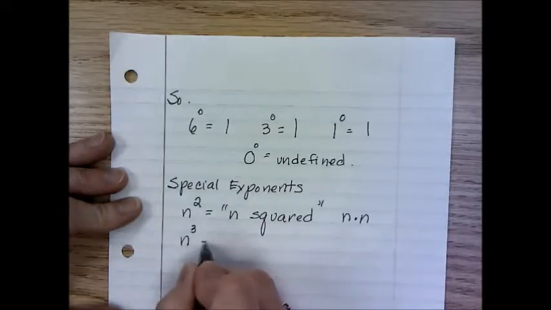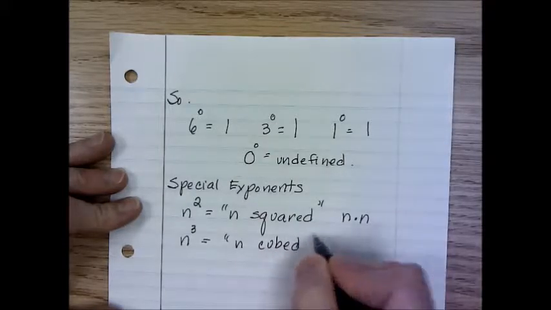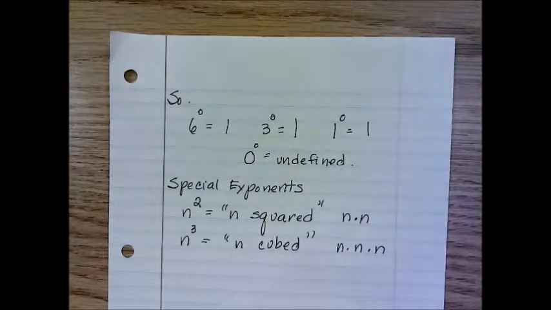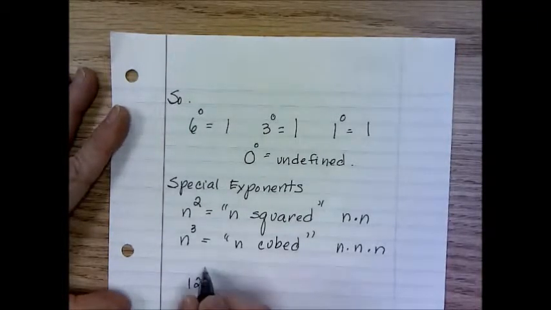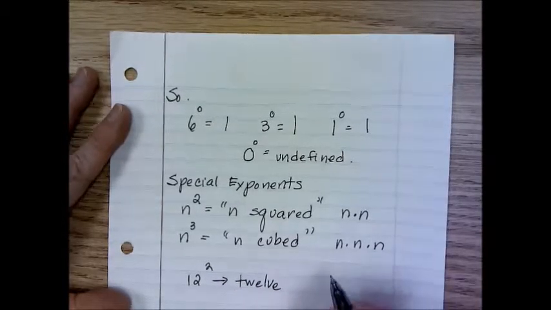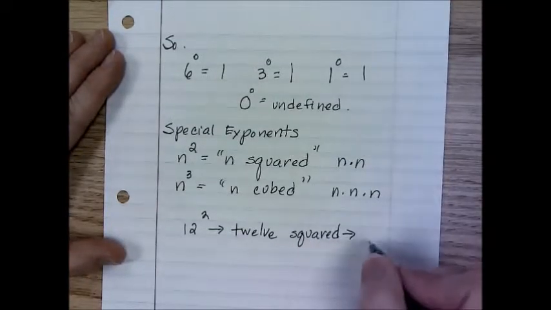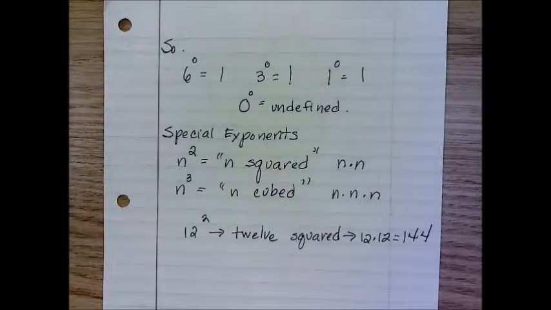When we have an exponent of 3, we would read that as n cubed. So we would have 3 n's. We do see that quite a bit in math. So if we had 12 squared, we know that's 12 times 12, which is 144. So we just want to be familiar with that special exponent.